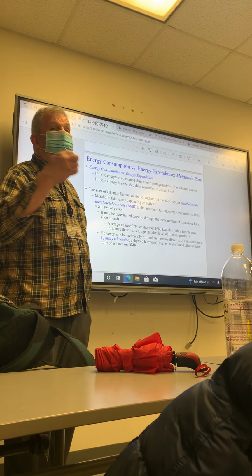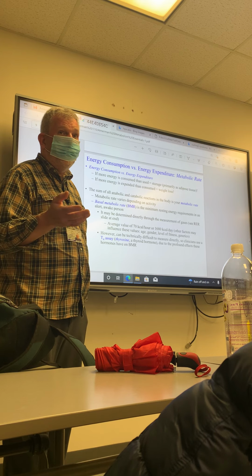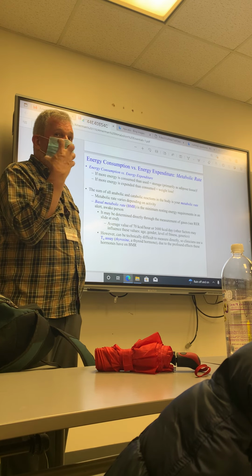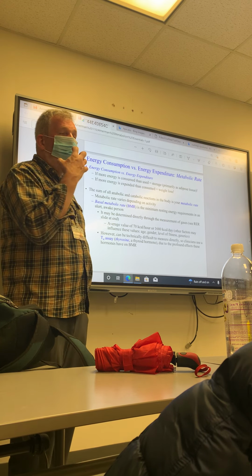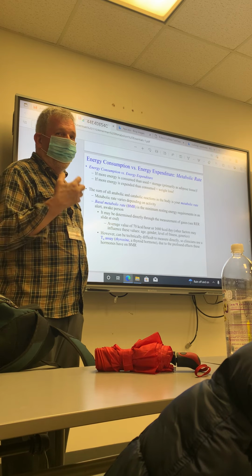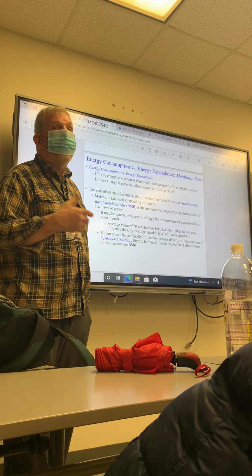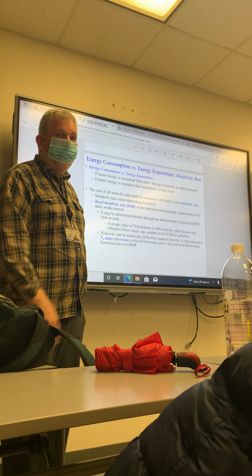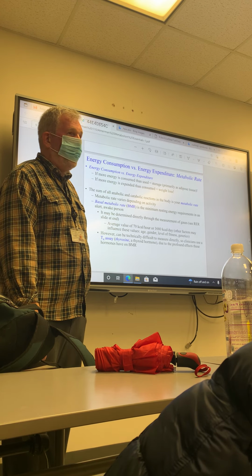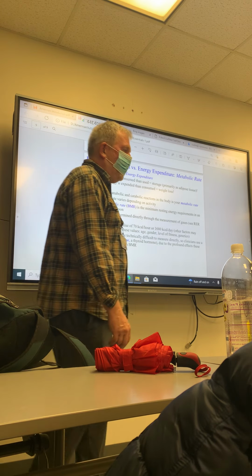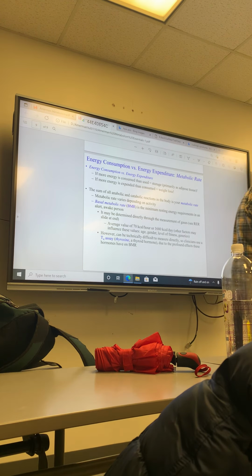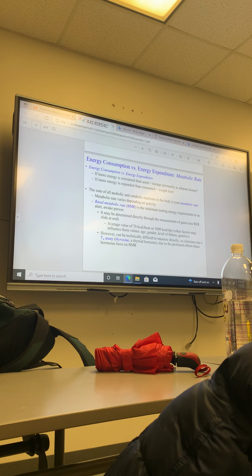Since there's virtually none in the atmosphere, when you're breathing out through this machine, they don't have to worry about how much of the carbon dioxide is from the atmosphere, how much is from cellular respiration. It's all coming from cellular respiration. And so they could use that to more accurately determine what your resting metabolic rate, your basal metabolic rate would be.